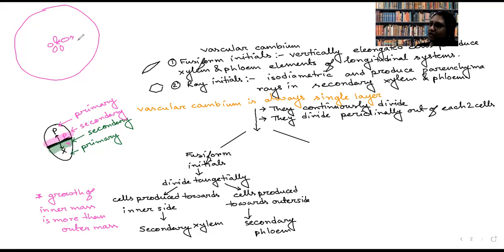So still we are talking about fascicular cambium, but as fascicular cambium grows more inside, it will have an effect on the outer region also, and it will push and crush those regions also.